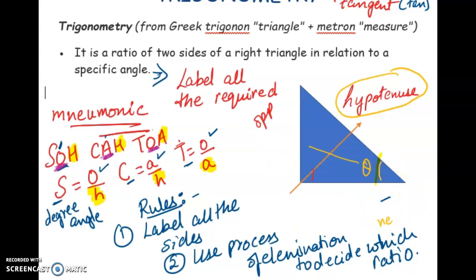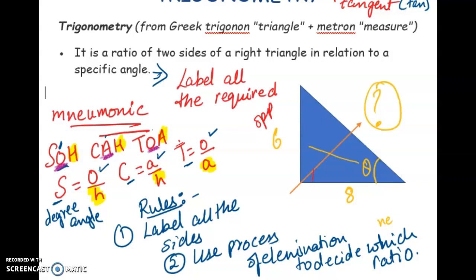So this is theta, right? And they have given this as 6 and this as 8. They haven't given me anything about the hypotenuse. If I have to use SOH, which is sine, opposite over hypotenuse, or cosine, which is adjacent over hypotenuse, I need hypotenuse.